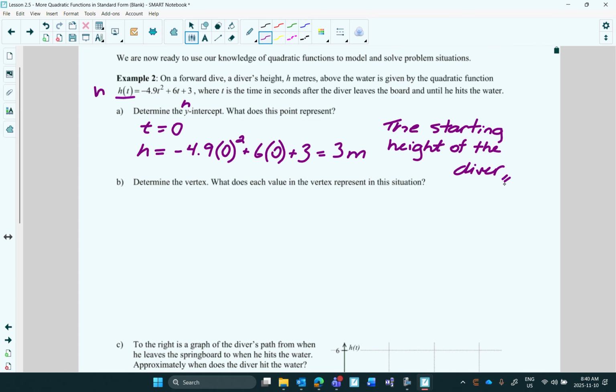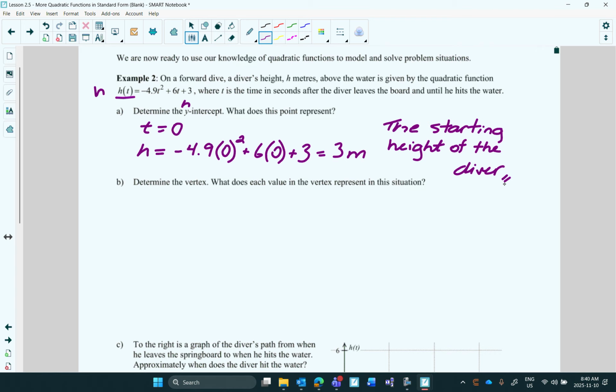Another piece of information, we can find the vertex. Well, you already told me this is in standard form, so how do I find the vertex? There's two ways we could do it. One might be a little bit complicated in this case. The other might be better.